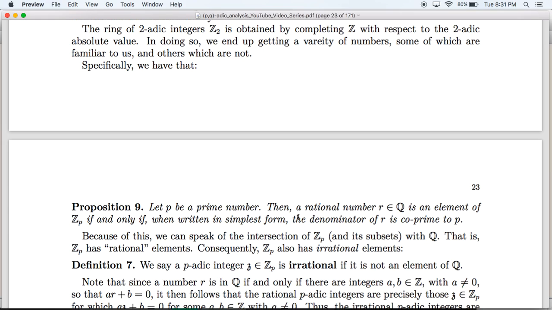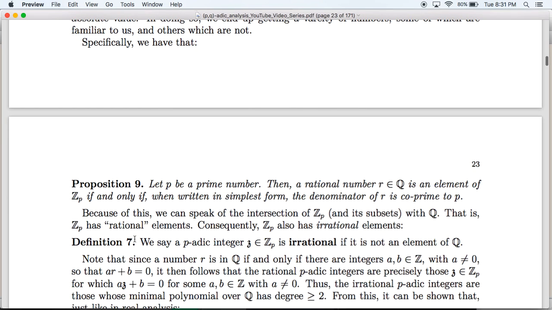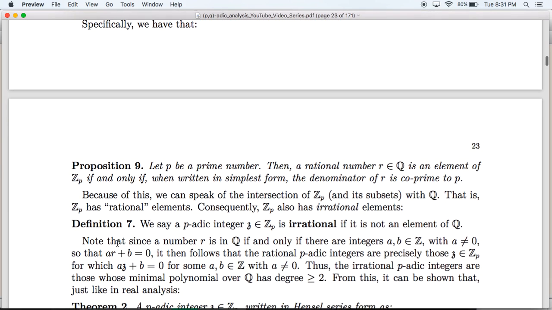So because we can speak of those elements in Z_p which are rational, we can talk about irrational elements of Z_p as well. This statement here, note that it's an if and only if. So just to understand the implication of this, note that we say that a number r is in Q if and only if there are integers a and b with a not equal to 0, such that a times r plus b is 0.